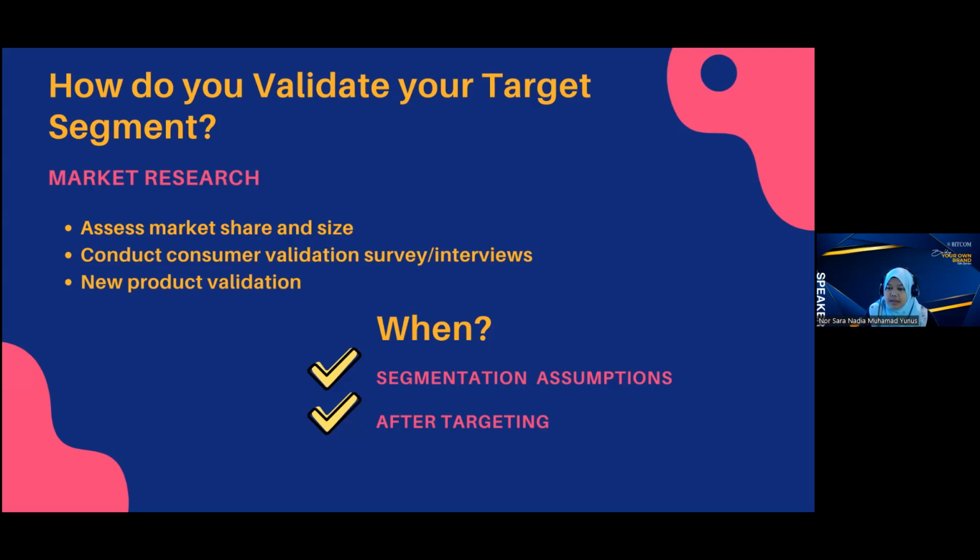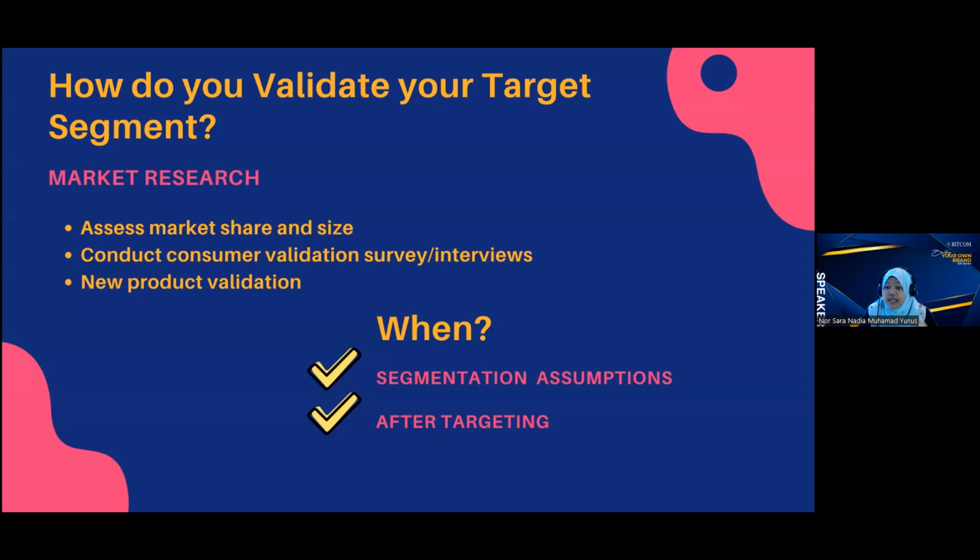Where are the segmentation assumptions? The characteristics that we set for each of our subgroups, where the first group is age and so on, and occupation. Those assumptions can be built through market research. We can use market research very early. The first group we set, for example, is people working as engineers. And the second group is meant for teachers, for example.